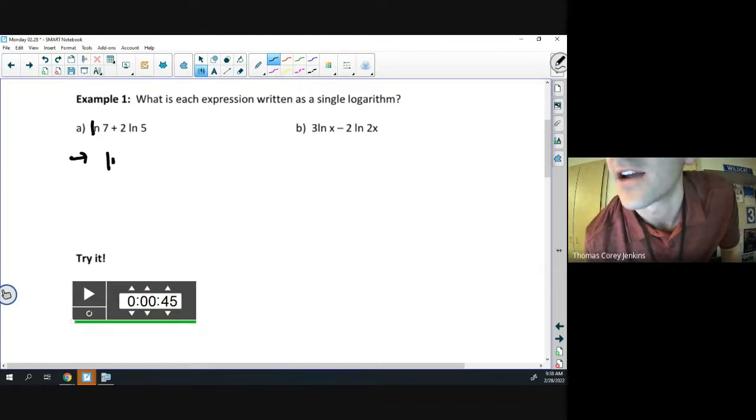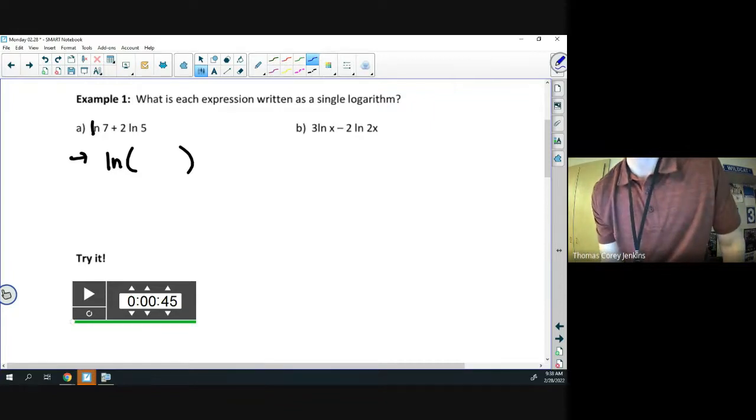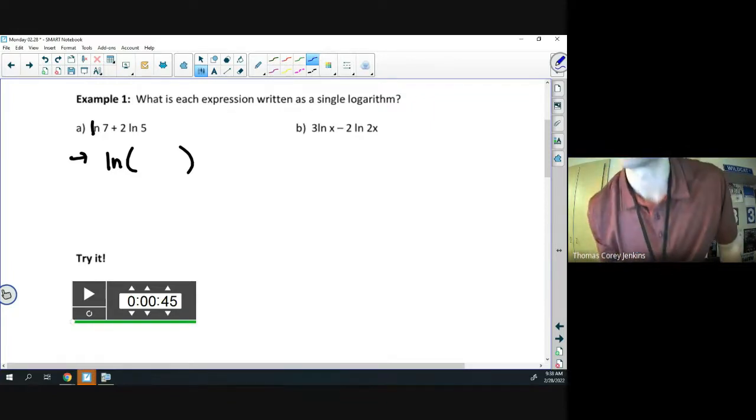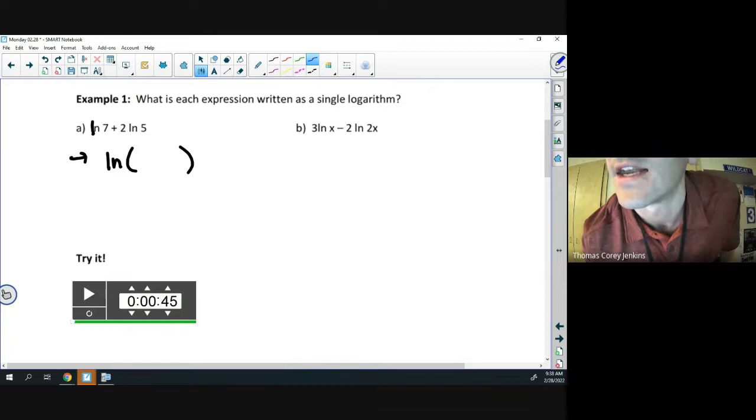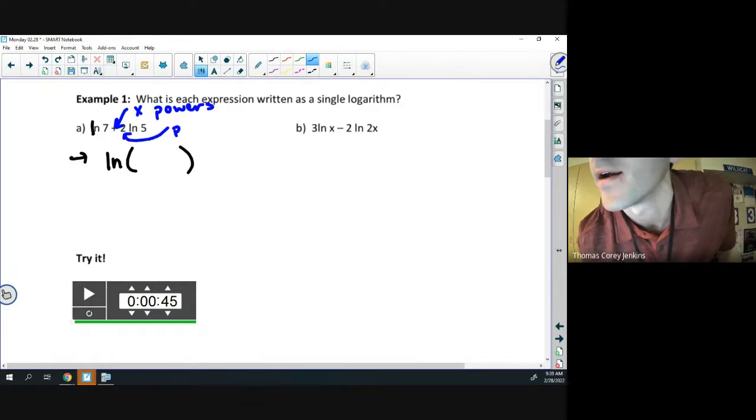So this is going to be natural log of something, right? So then we apply the same rules we've done with our logs, right? So addition means that we multiply powers, and any coefficient is like a power of a power.